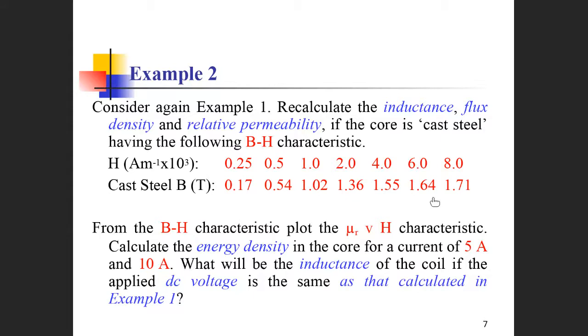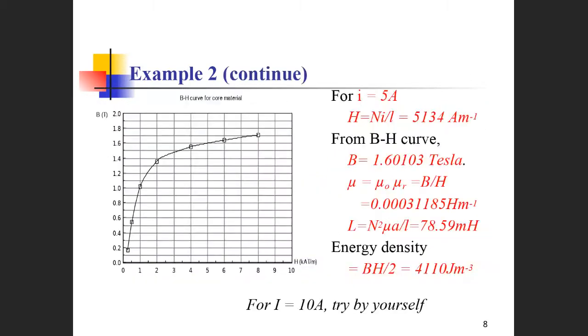You can use the interpolation technique to get the exact B. I think you have no questions on the interpolation technique, since you all have learned simple mathematics during high school. So anyway, with interpolation you get the B from the BH curve or from the table.